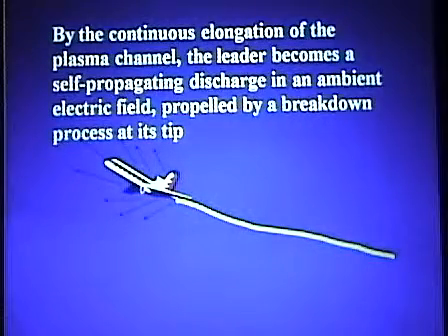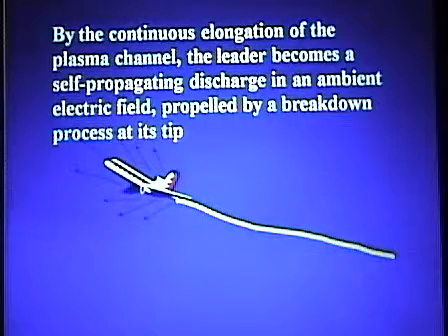By the continuous elongation of a plasma channel, the leader becomes a self-propagating discharge in ambient electric field prepared by this breakdown process which I just described to you. So this cartoon symbolizes this process. Instead of an airplane, we have this transition into the leader, and the tail is a formed plasma channel which carries this current.